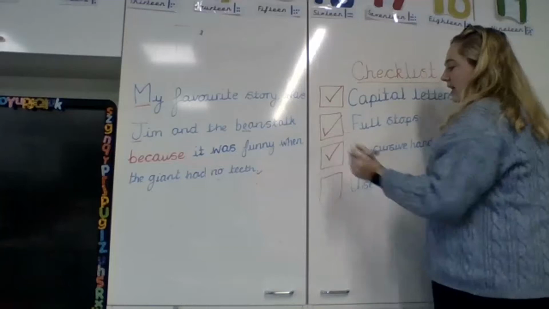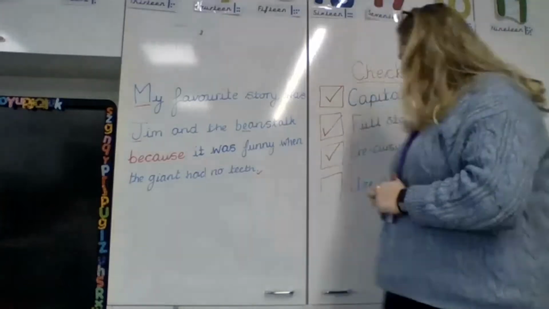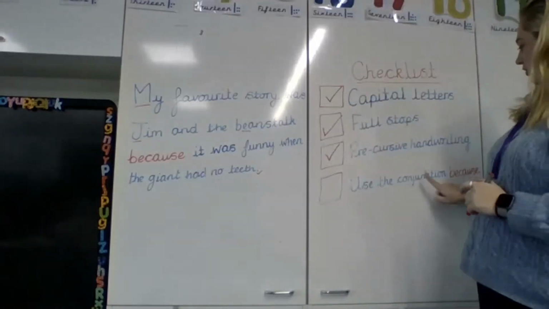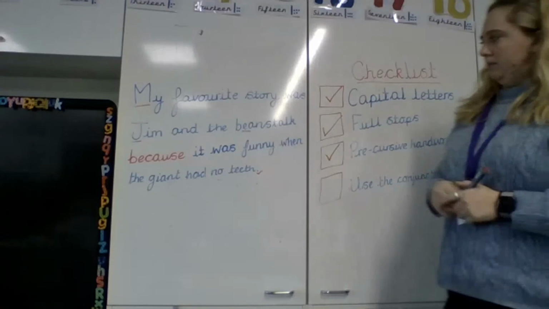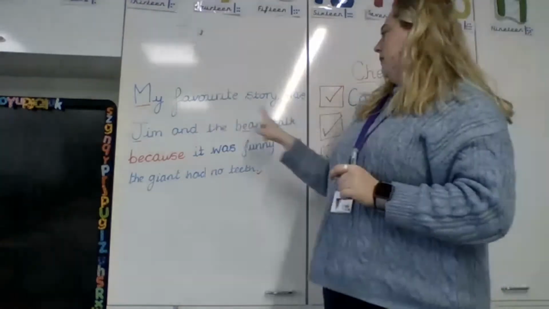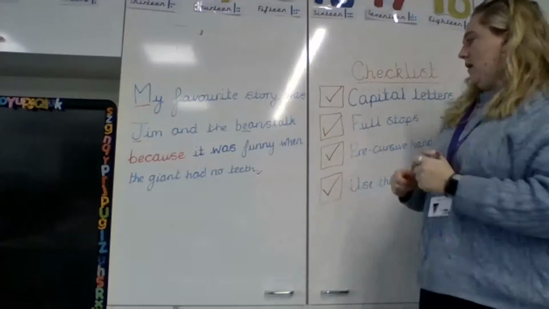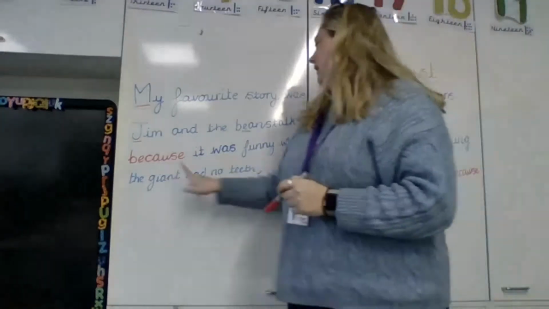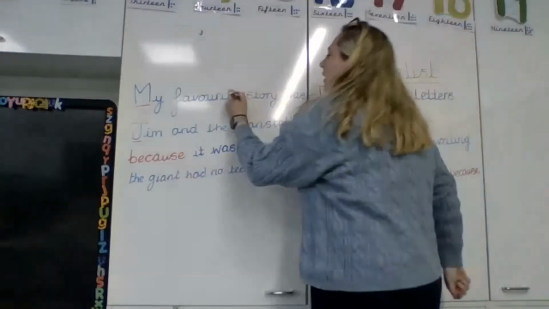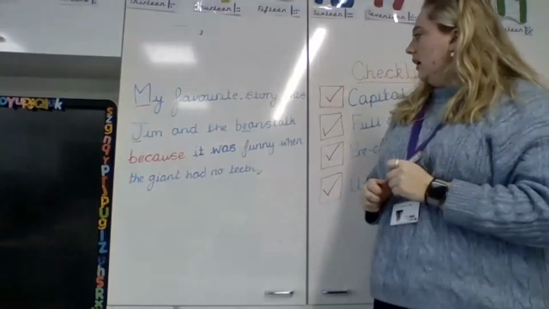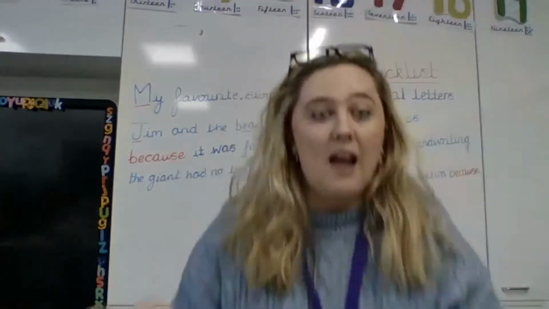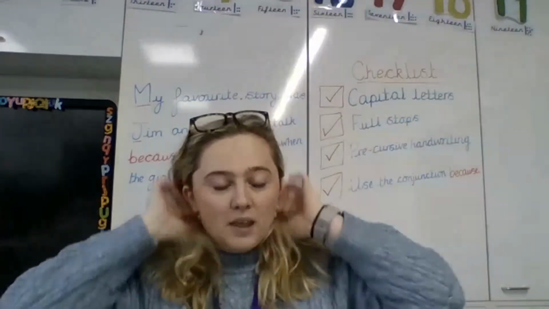So I'm going to give myself a tick for that. And use the conjunction because. My favourite story was Jim and the Beanstalk because it was funny when the giant had no teeth. I also have finger spaces, don't I? So I think I've got everything on our list.